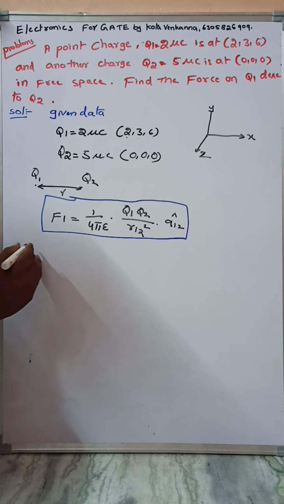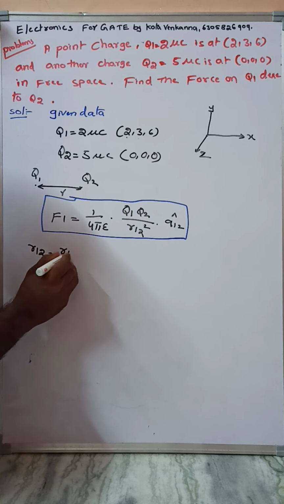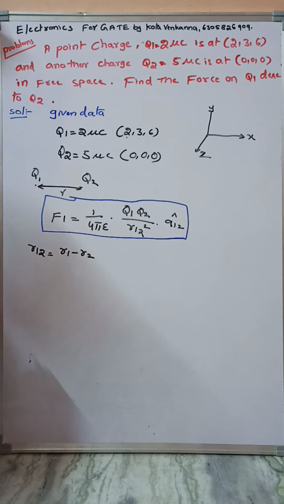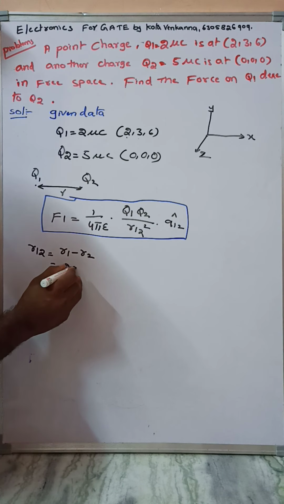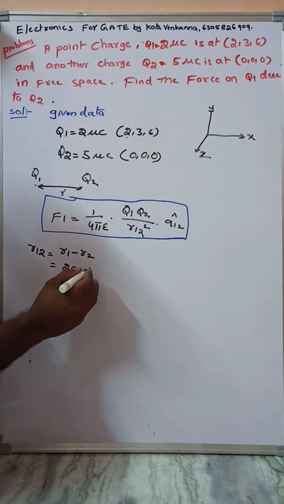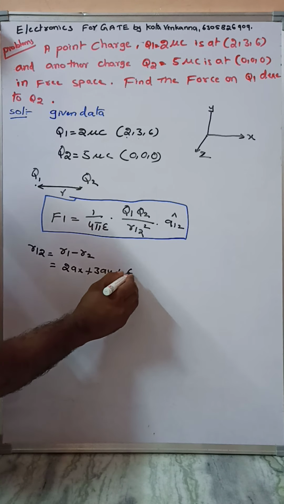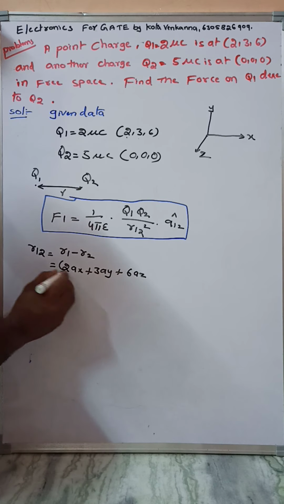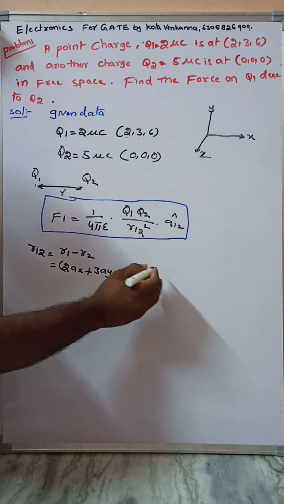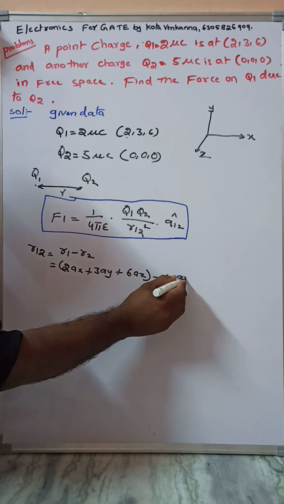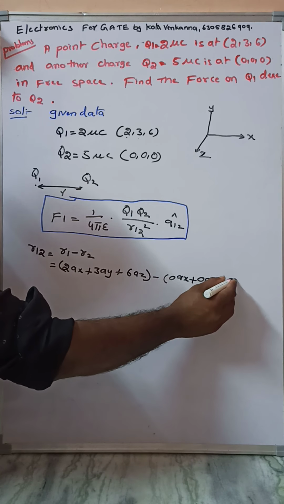First we find R12. R12 is equal to R1 minus R2. Here R1 is 2 ax plus 3 ay plus 6 az, minus R2, which is 0 ax plus 0 ay plus 0 az.